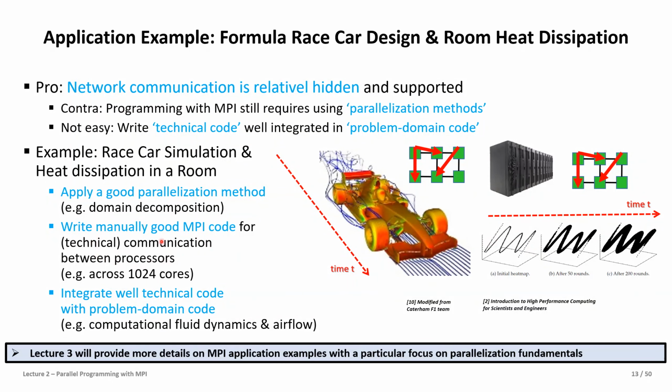Then writing good MPI code manually is something where today you maybe just reuse libraries, but still you apply the MPI parallelization, and the idea is that this should be high performance, and you can do many things wrong there, which we will also review. But the key challenge in the end is that the whole application should integrate very well in the problem domain code, right?